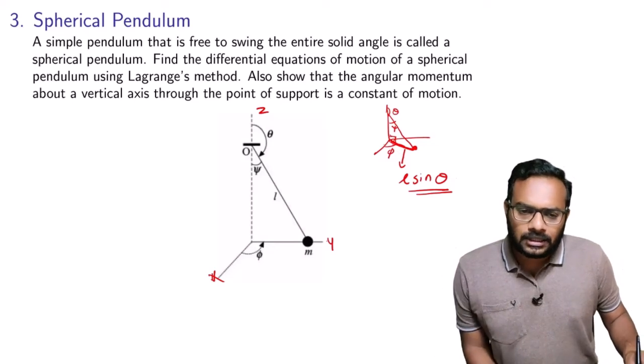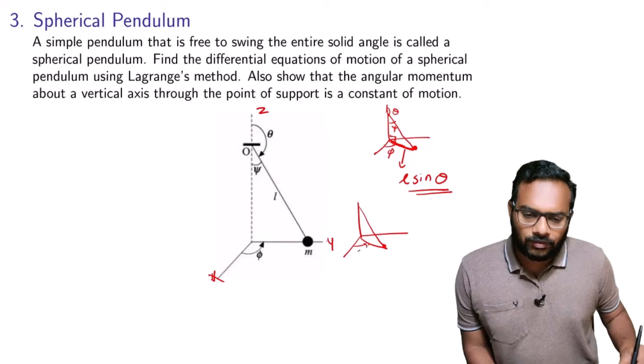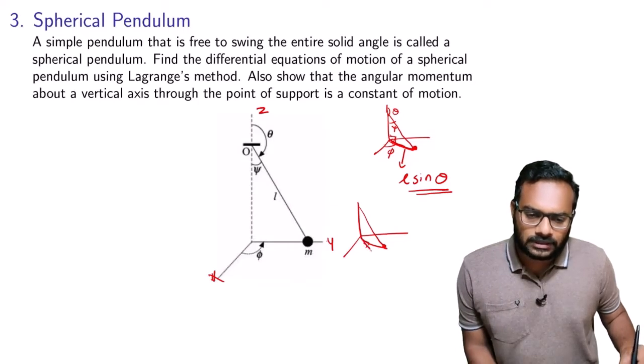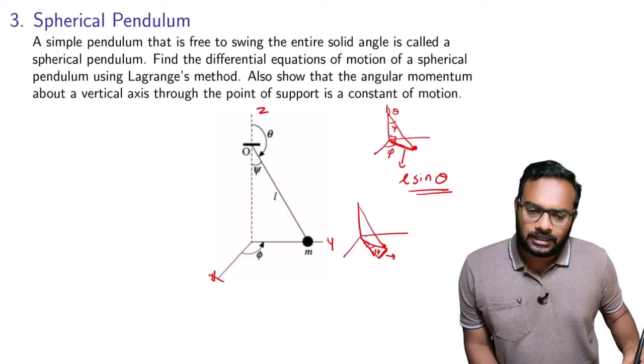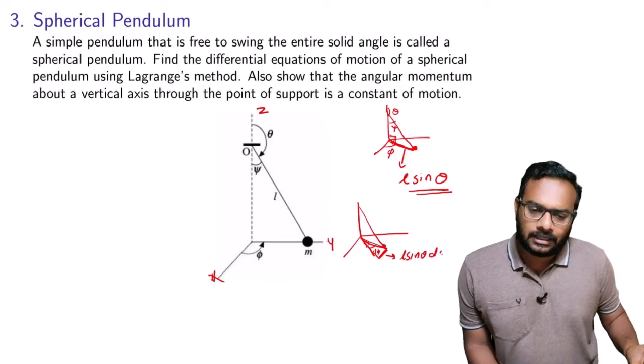So if you have a small displacement d phi, the corresponding length element is this length multiplied by d phi, and this length is L sine theta, so that's L sine theta d phi.